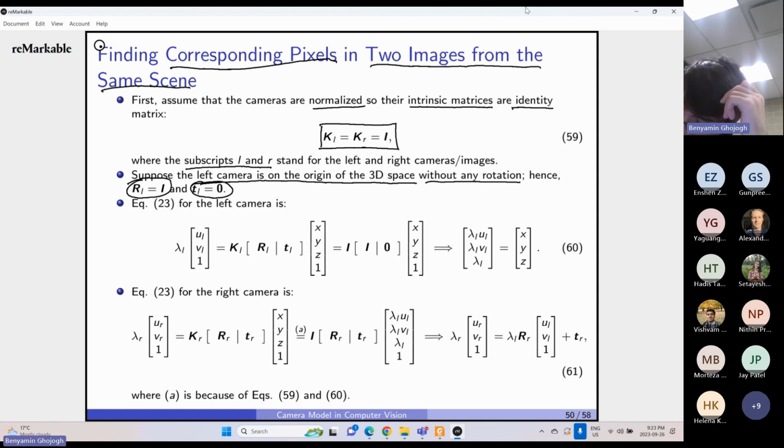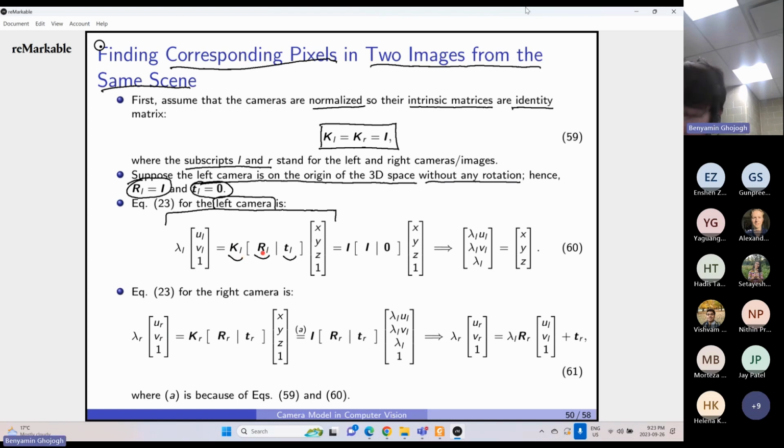Right. Now let's go back to our famous mapping equation. So we had this K, R, T, right? I'm considering that for the left camera. So it's lambda L (uL, vL, 1). These are the pixels in the left image, in the frame of the left camera. KL is the intrinsic matrix for the left camera.